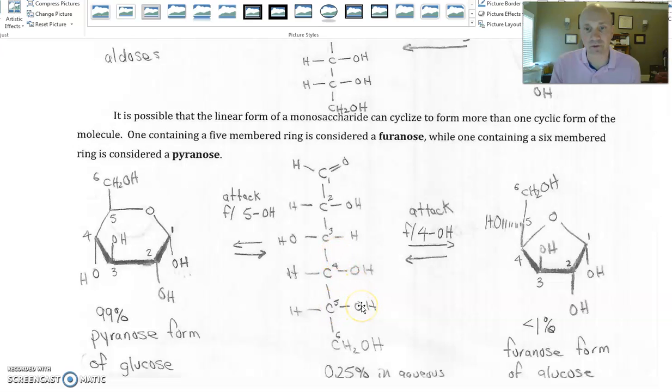If glucose were to cyclize where this particular hydroxyl is what attacks, it kind of bends around, and it wouldn't really be this linear shape. These carbons are capable of bending around. If that's the cyclization that occurs, you would end up making this variety right here. If this hydroxyl bends around, you end up making the 5-membered ring, which is called a furanose.